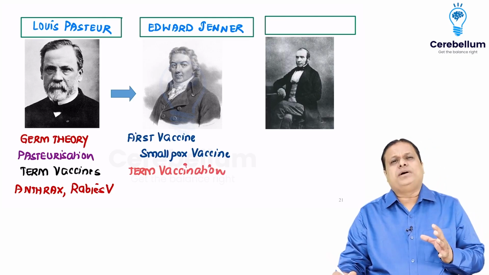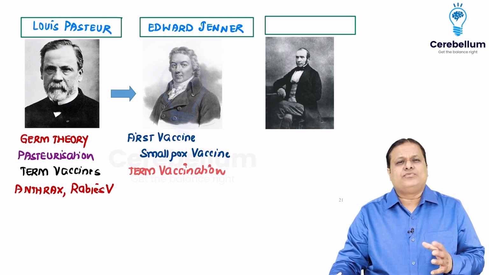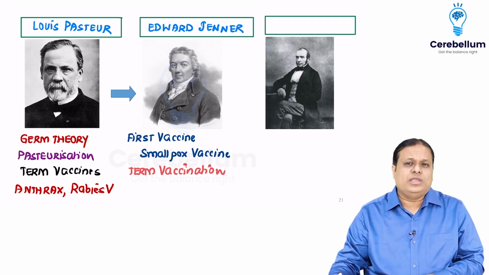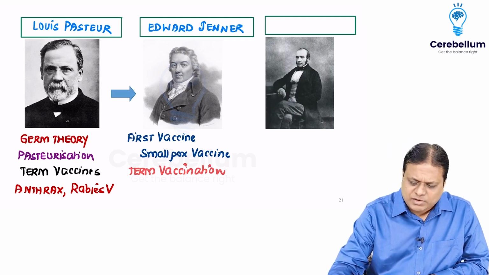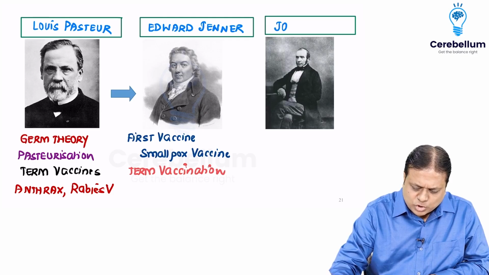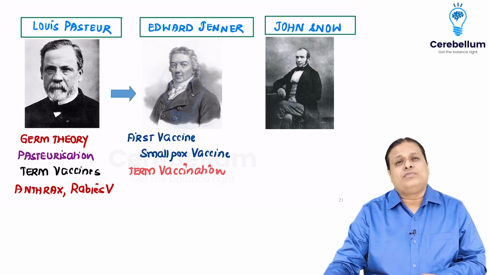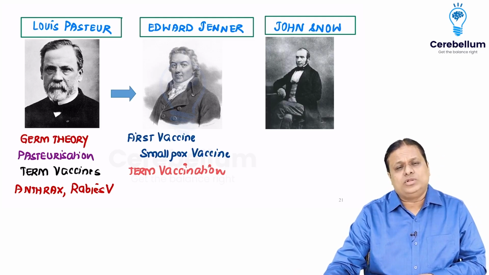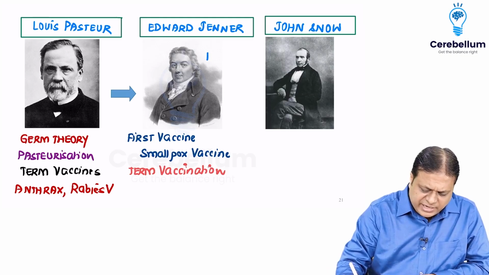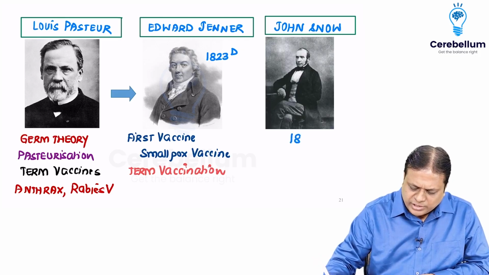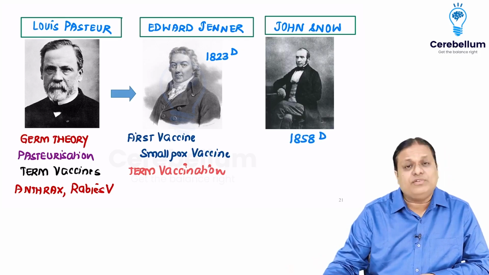So, whereas Louis Pasteur was known as father of modern microbiology, Edward Jenner was known as father of immunology. Third image we have already discussed, John Snow, father of epidemiology, modern epidemiology. Edward Jenner died in the year 1823. John Snow died in the year 1858.